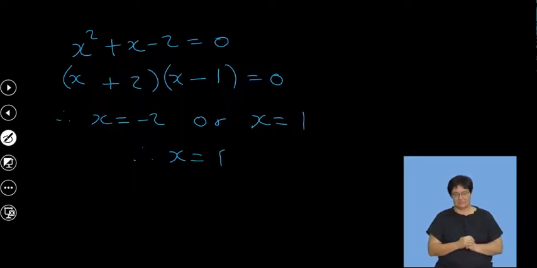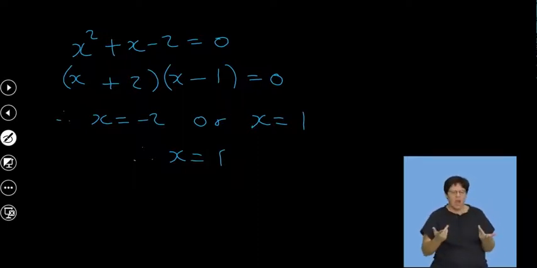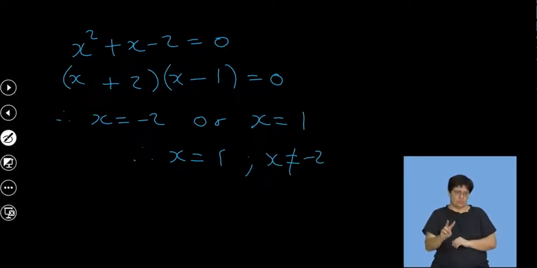Some people even go as far as saying, comma, x is not equal to negative 2. It's really a choice. You can say it is just equal to 1 and say it is not equal to negative 2, or you can just leave it as x is equal to 1, or leave it as just x is not equal to negative 2, meaning it is the other one, right?